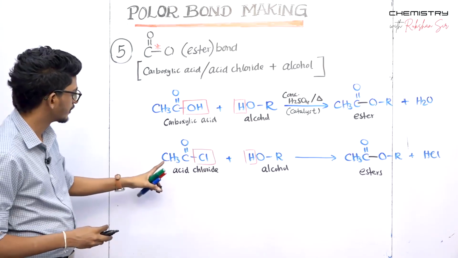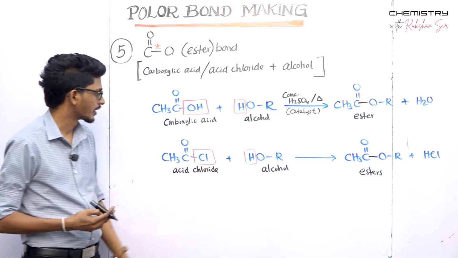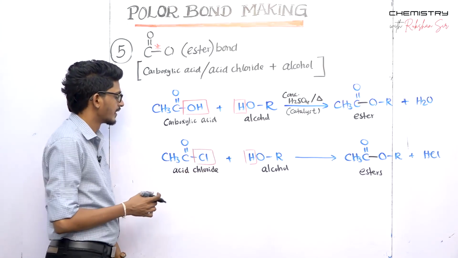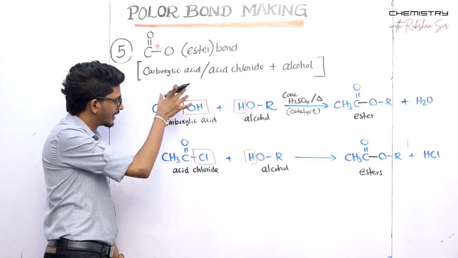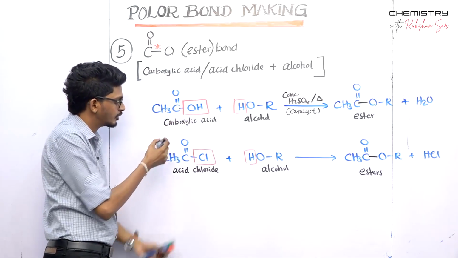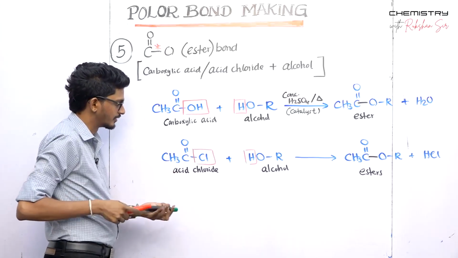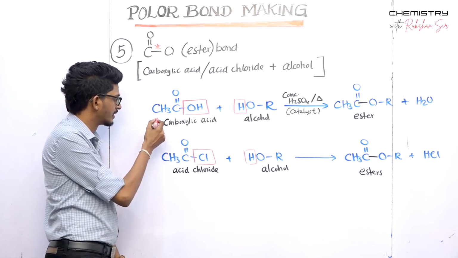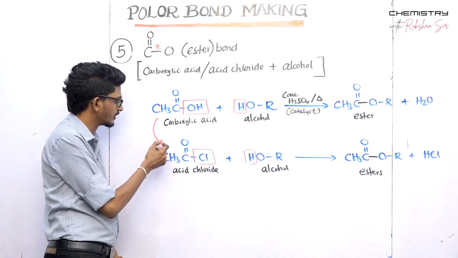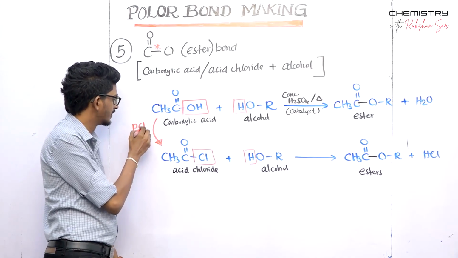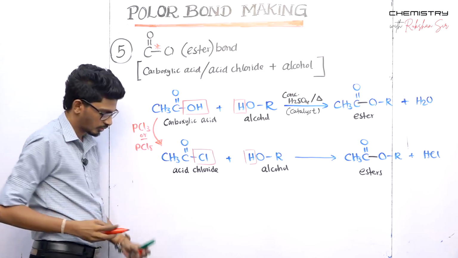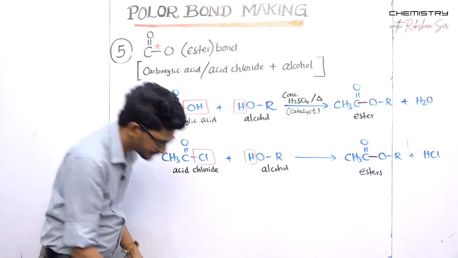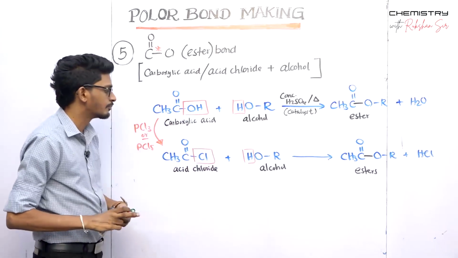But if you go through the acid chloride, first you need to come up with the carboxylic acid, then convert that into acid chloride with PCl3 or PCl5.